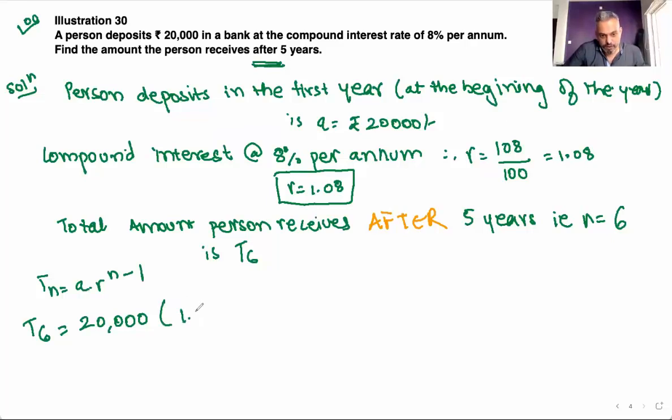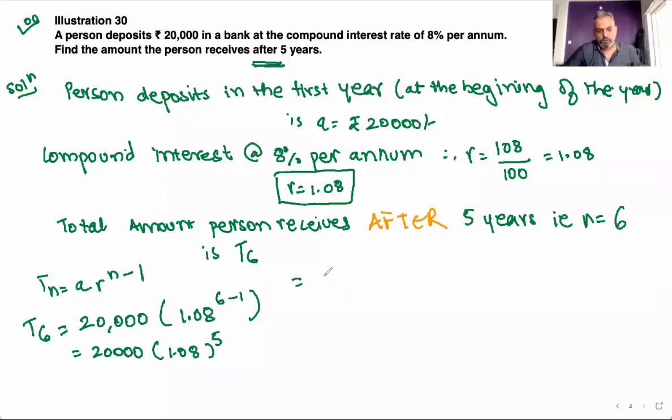R is 1.08, n is 6, minus 1. I'm writing like this: 20,000 into 1.08 raised to 6 minus 1, which is equal to 20,000 into 1.08 raised to 5.